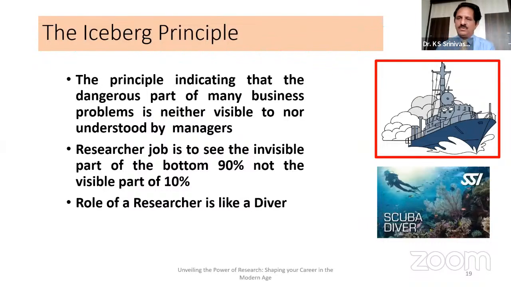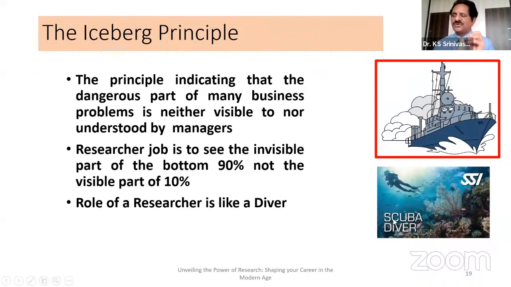Now understand why research is complicated or not comfortable for some of you: you should know something called the iceberg principle. What is the iceberg principle? Can anybody tell me about it? Type it in the chat box. Okay. The thing is that 90% is invisible, only 10% is visible. Of course, all of you know very well, you have seen the English movie, I believe, right? Good.